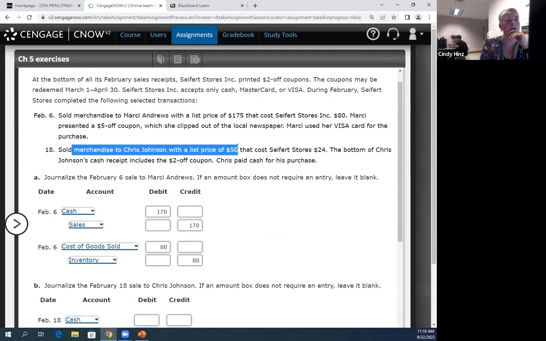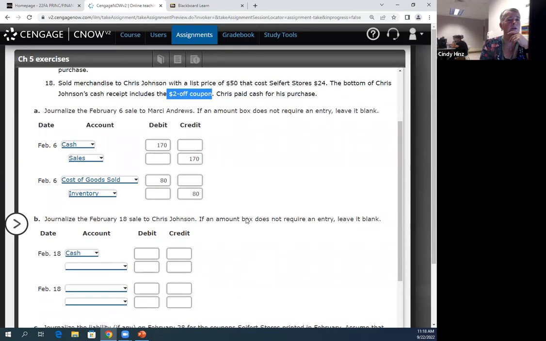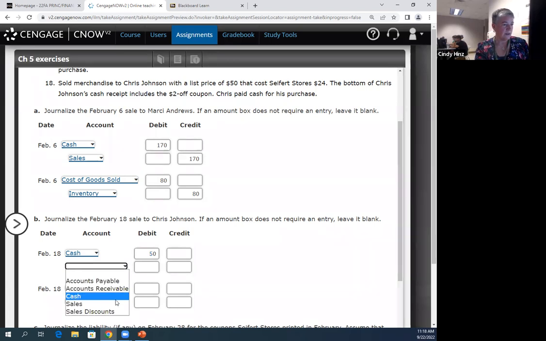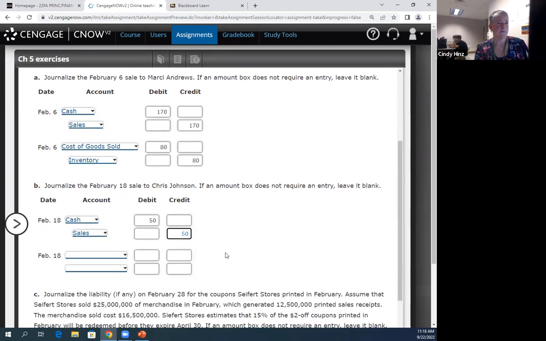He buys the merchandise and receives the $2 off coupon. He wasn't using the $2 off coupon, which is, I think, what I said. I should have just read it from the screen. So he still paid $50. That's why I was getting stuck. So he still paid $50, but now he has that $2 off coupon that he may use in the future.